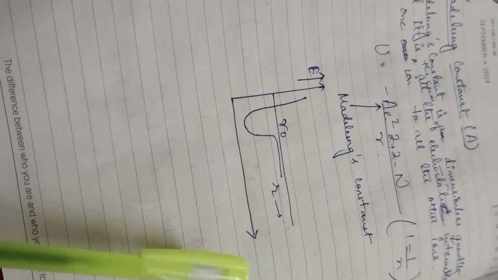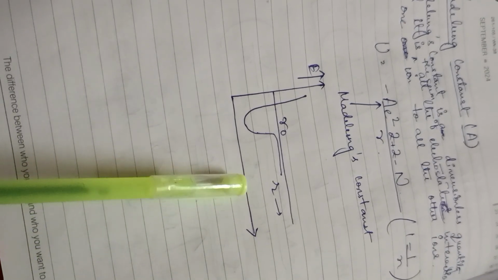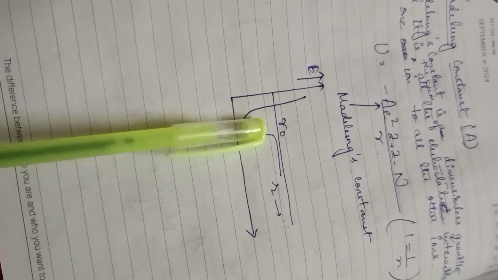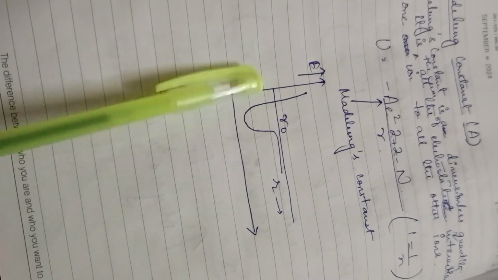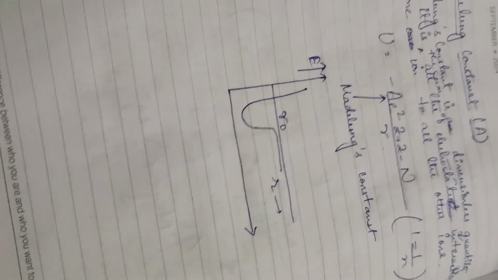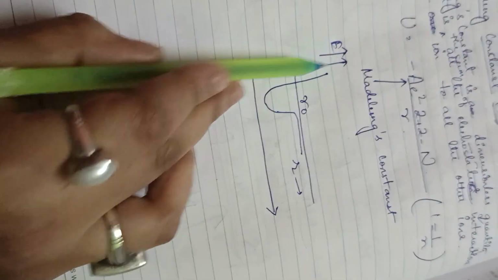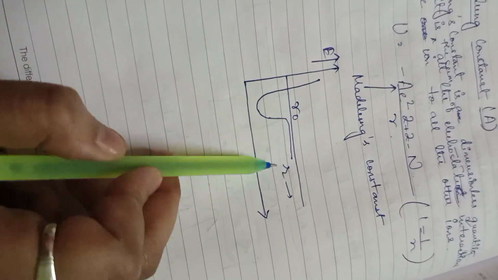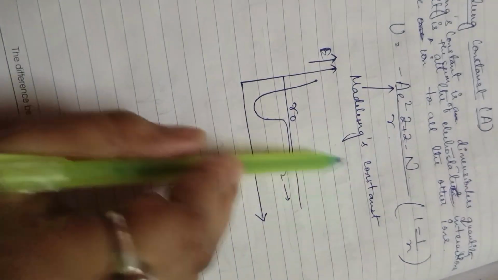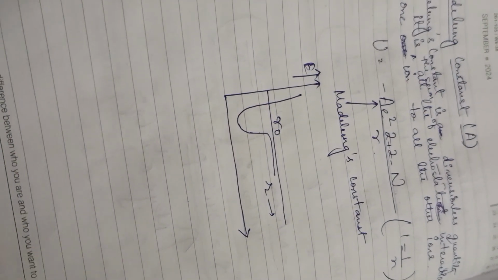It is the sum of all the electrostatic interactions of one ion over to all the other ions. And this is your Madelung's constant, and this is its graph, R not R E.